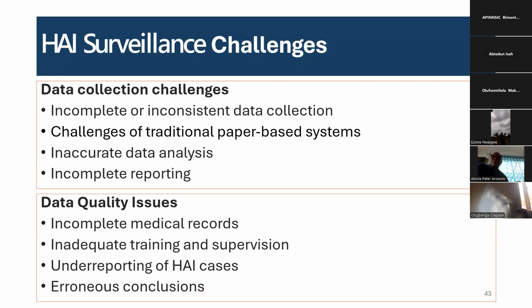Or even the reporting, if you get your infection in the lab and you go to the ward and the patient record does not have the information that you need, then you don't have the ability to actually collect good quality data.